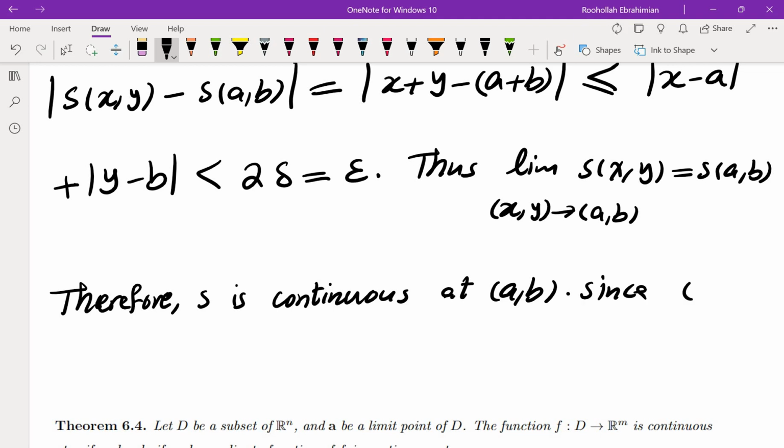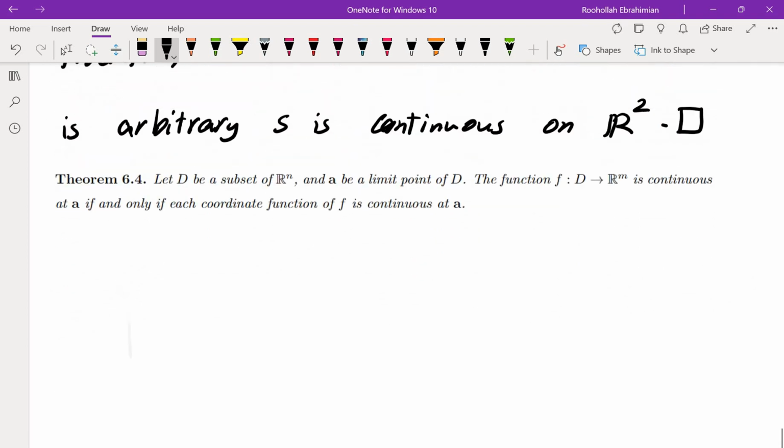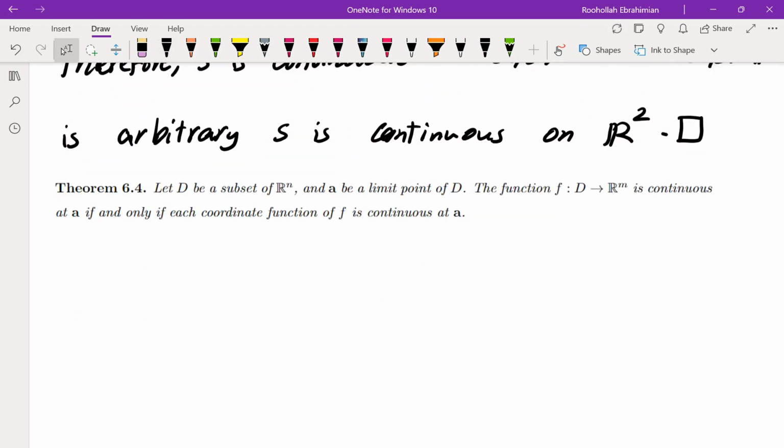So since (a, b) in R2 is arbitrary, s is continuous on its domain, on the entire R2. So these 3 examples are actually important. I will do more examples like this in the next video. But finally, the last theorem in this video, and then we'll continue with this one next time.